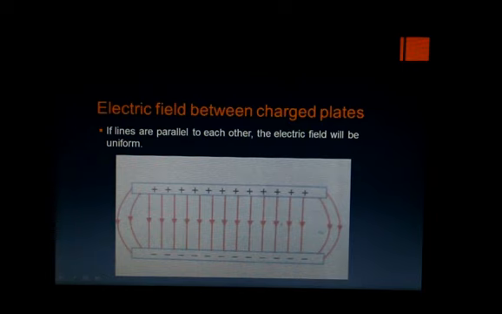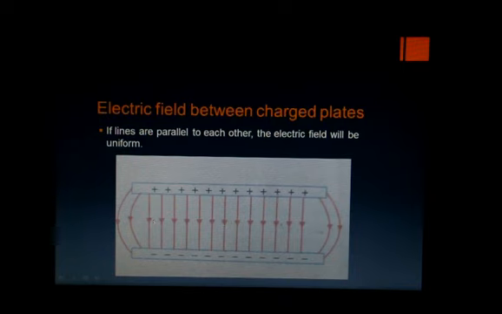It means there is no end point. When we come to such charge sheets of infinite length, the lines of force originating from the plus plate towards the negative plate are very close, and they all have the same direction. So this is the region between the two plates where the resultant field is very strong.